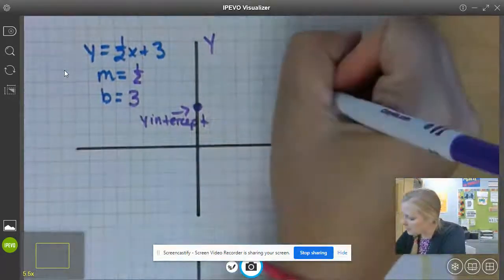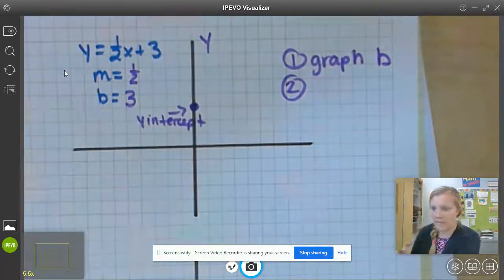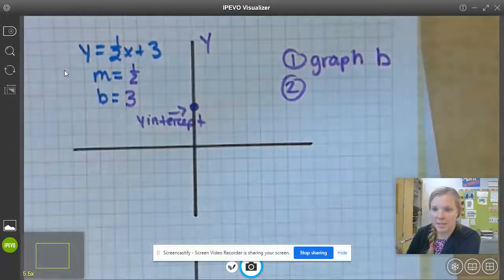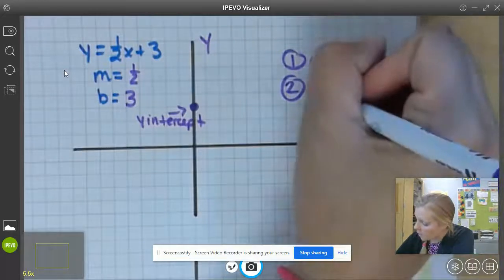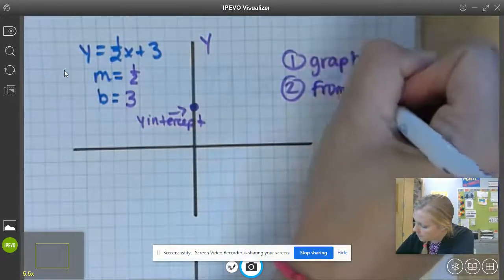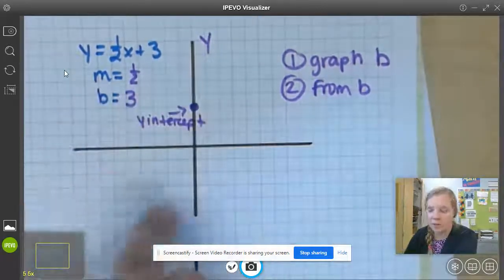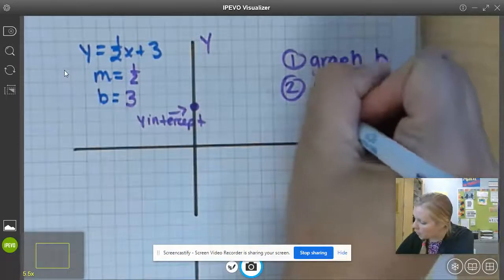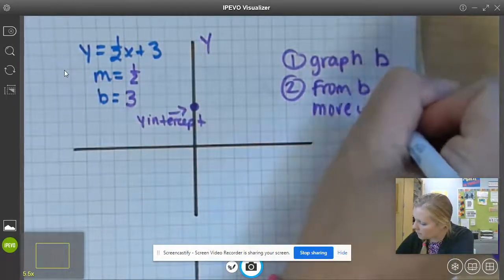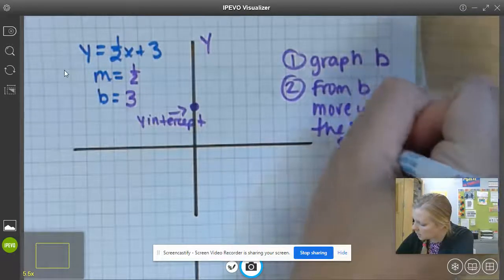The second step, and you might remember because we practiced this on the homework due today, or due right around now. After you graph the y-intercept, from that point, not from the origin, not from wherever you feel, only from this point specifically, from B, you're going to move what the slope says.